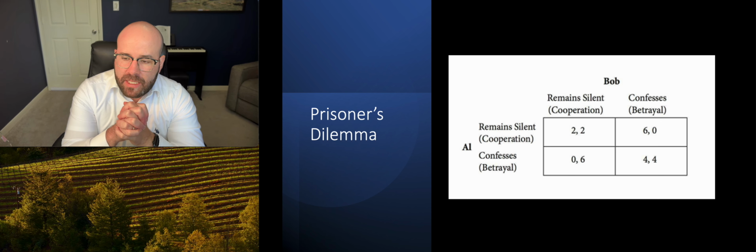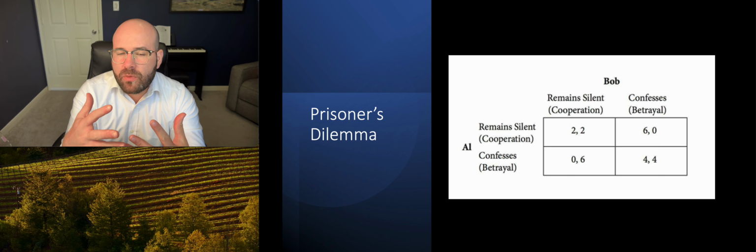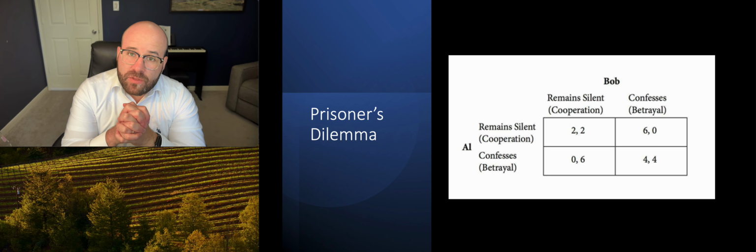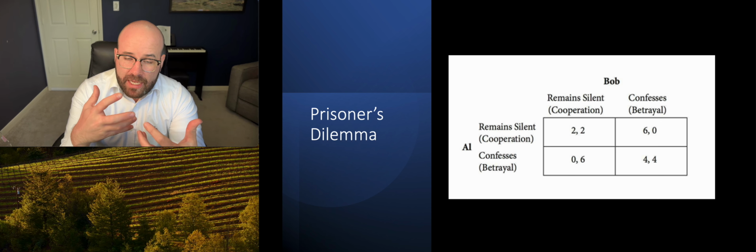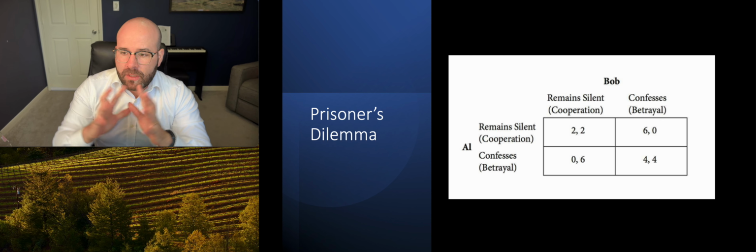But suppose that the crown or prosecutors don't have enough evidence to put them away for a long time. They can only bring certain charges. They cannot bring the most serious charges that they wish they could. The only way to do that is to have one of them confess and use that confession as evidence for the more serious crime.